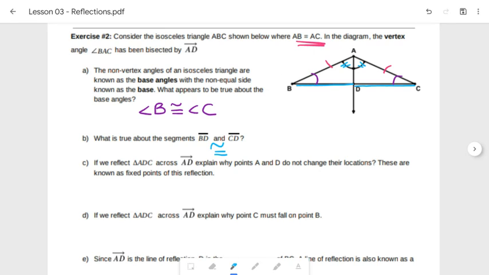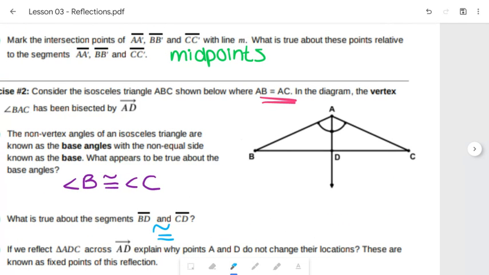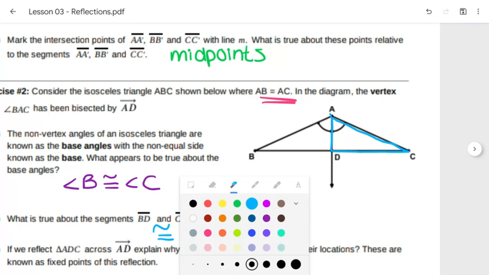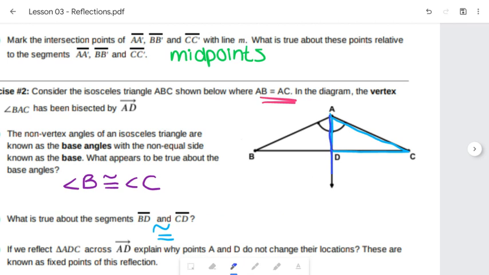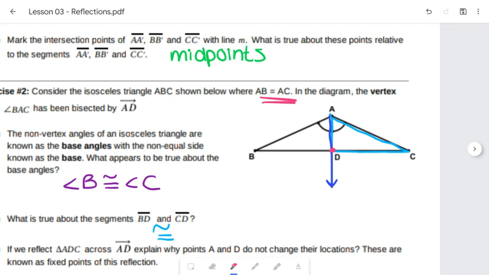If we reflected triangle ADC across the ray AD, explain why the points A and D do not change their location. So I'm going to take away some of my markings right now, but I'm thinking about if I wanted to reflect ADC. Now ADC is this triangle on the right side. Notice if we wanted to reflect over AD, well, in this case, A and D are already on that line of reflection.